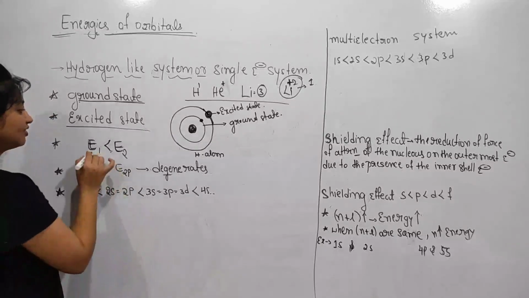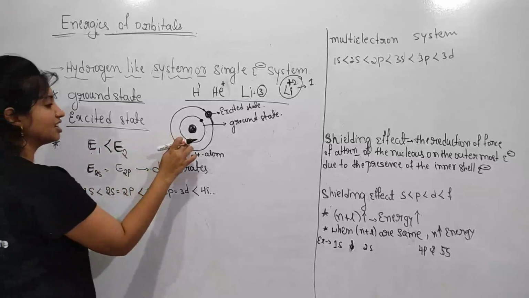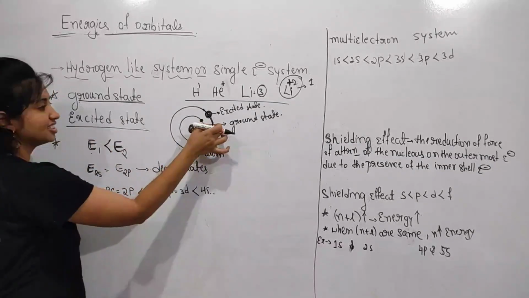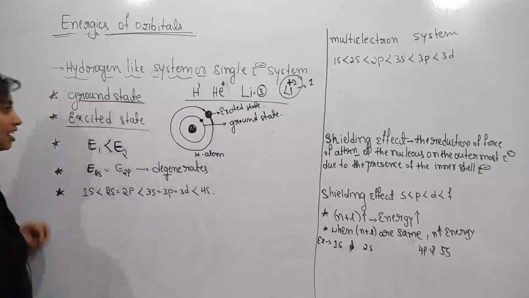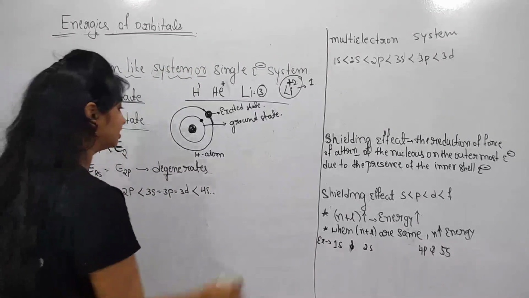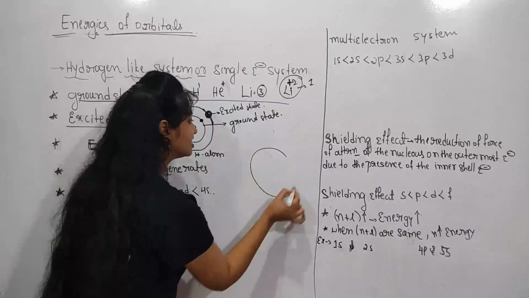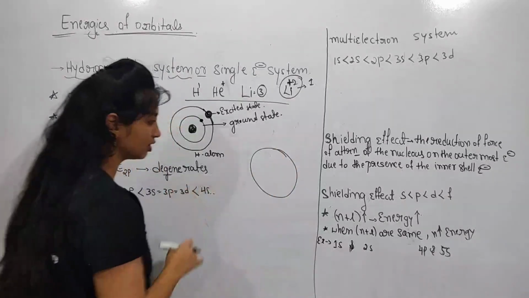See here, E1 is less than E2, which means the energy level of the first shell is less than the energy level of the second shell. Next, in a hydrogen-like system or single electron system, just consider this is our subshell. In this subshell we have the s orbital and the p orbitals.